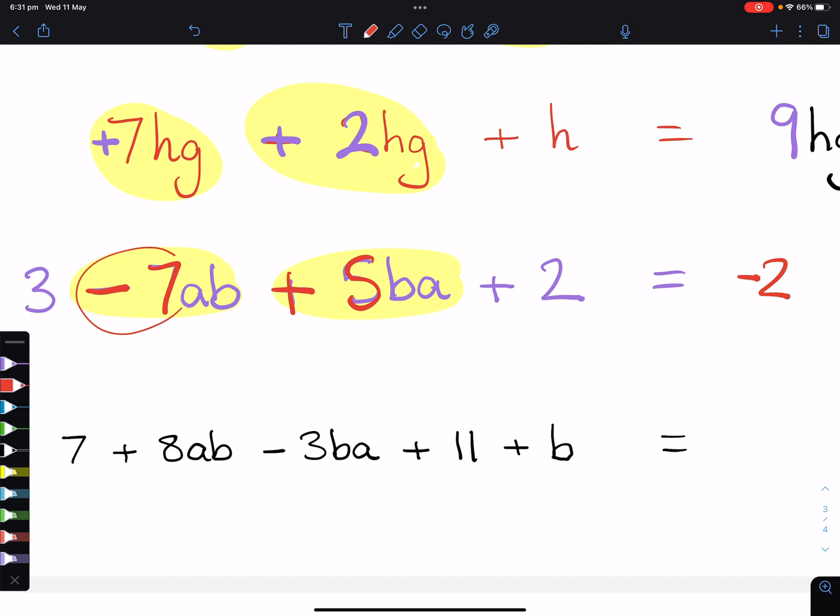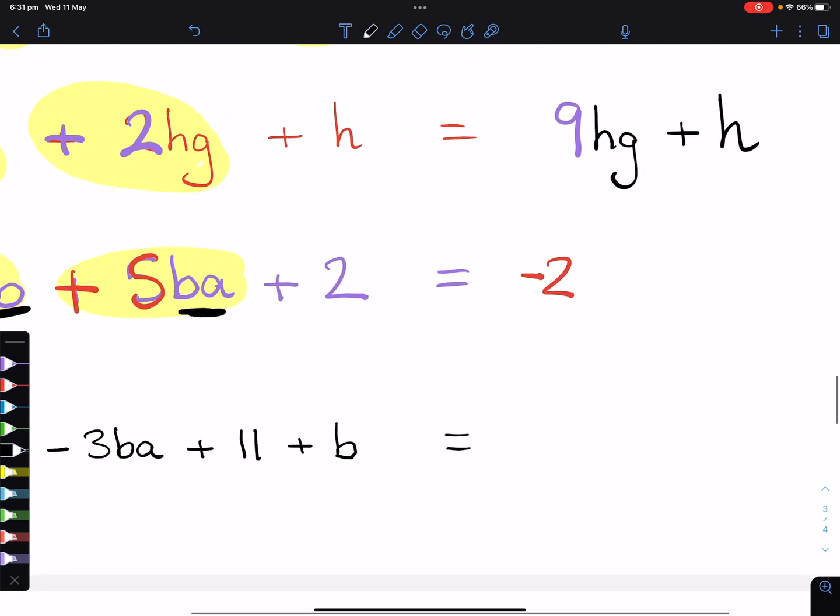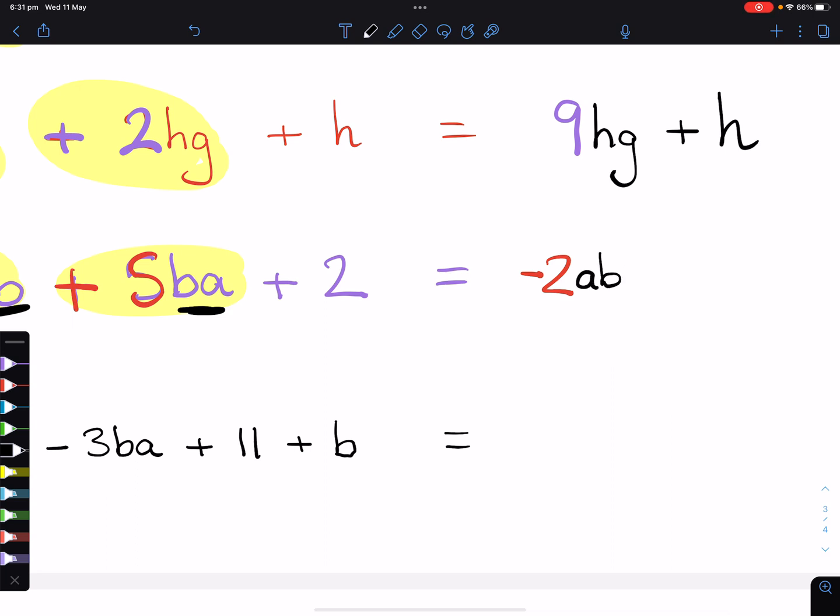And the letters AB, from the terms that we're gathering from, go as is, they get brought along. I've chosen to write them AB and not as BA because the standard practice is that when you write out algebra in a term, the letters in a term are normally listed in alphabetical order.